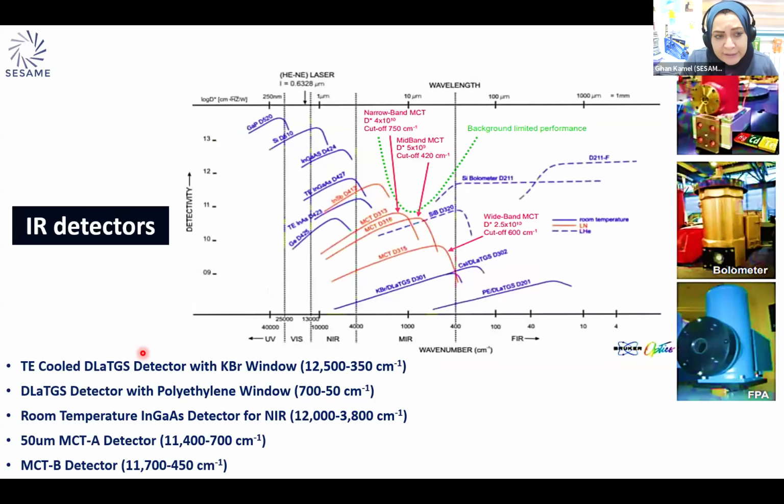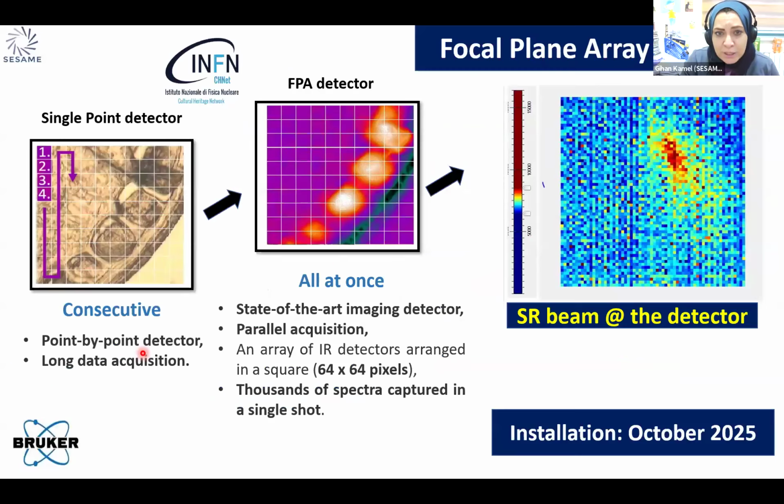Already Christoph explained them. But for the detectors, just want to highlight one of the major advances that we just got last October. That is called focal planar array detector, FPA, and it's one of the very advanced detectors. The usual detector is a single point detector, so we go one point by point. It's long data acquisition. For the FPA detector, it depends on the number of pixels, how many points or how many detectors.